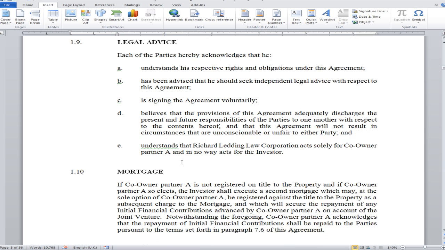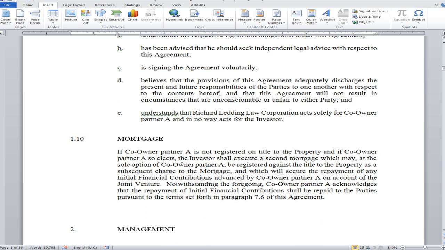What I really liked about this particular agreement, this is a really good one, is the mortgage. In British Columbia, when I found out that you can't actually register a caveat, or register your interest on title, that you had to register a mortgage, it made me begin wondering, and I questioned it. Even the joint venture partner questioned it. What we did is we registered the mortgage in such a way that it reflected the 5-year potential maximum profit.